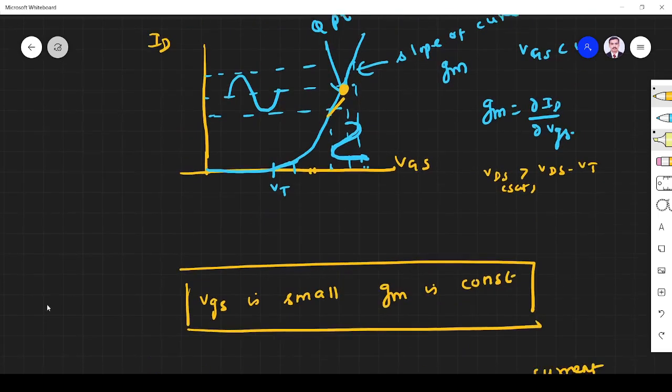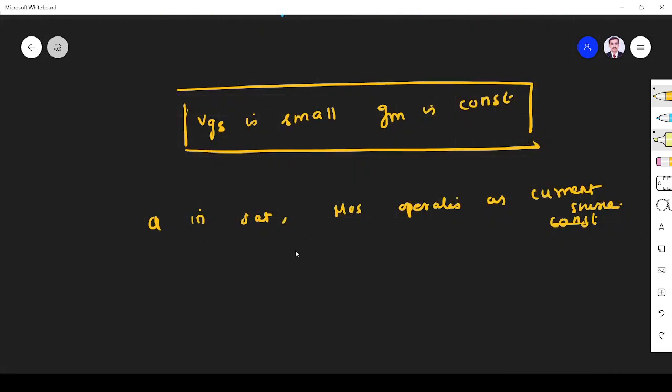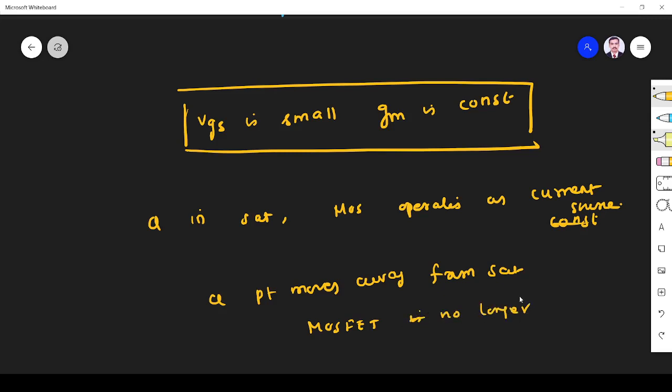When the Q point moves away from saturation, then the MOSFET no longer operates as a current source. These are all the points we have to remember when learning the small signal parameters of the MOSFET. Thank you.